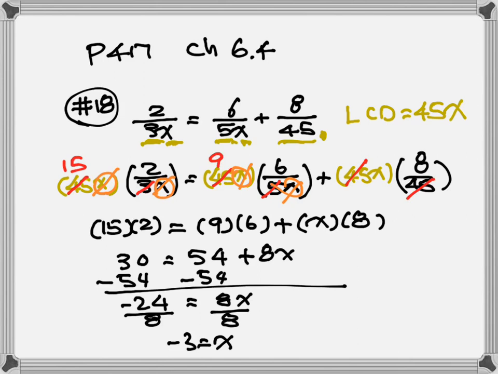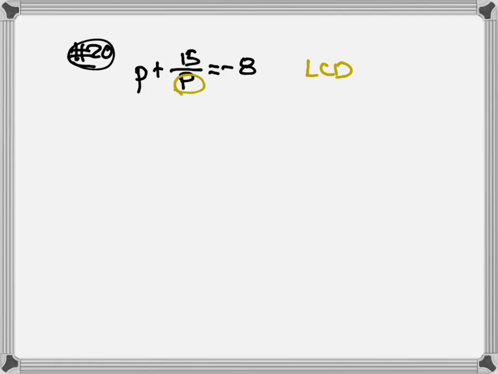Let's look at number 20. Number 20 here, we have p plus 15 over p equal to negative 8. Over here is much easier because we only have one denominator. My denominator over here is just p, so my common denominator is p. So we're going to do the same thing.